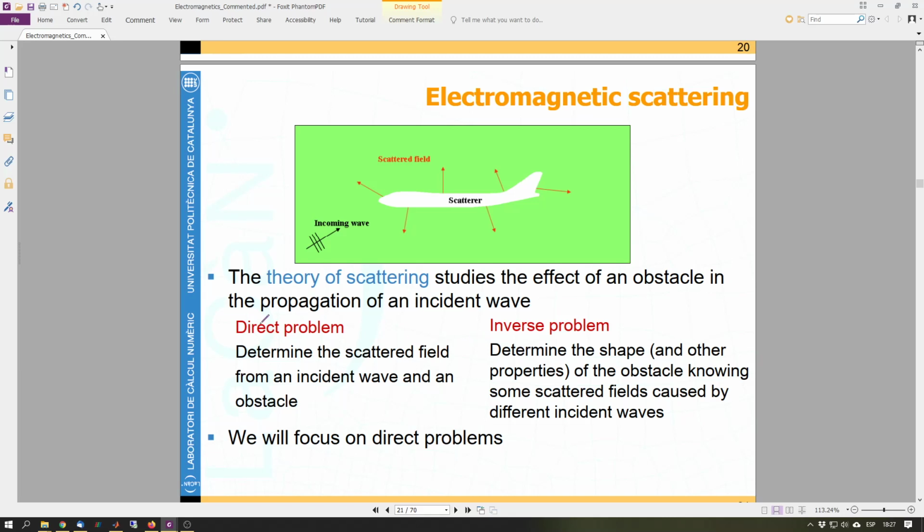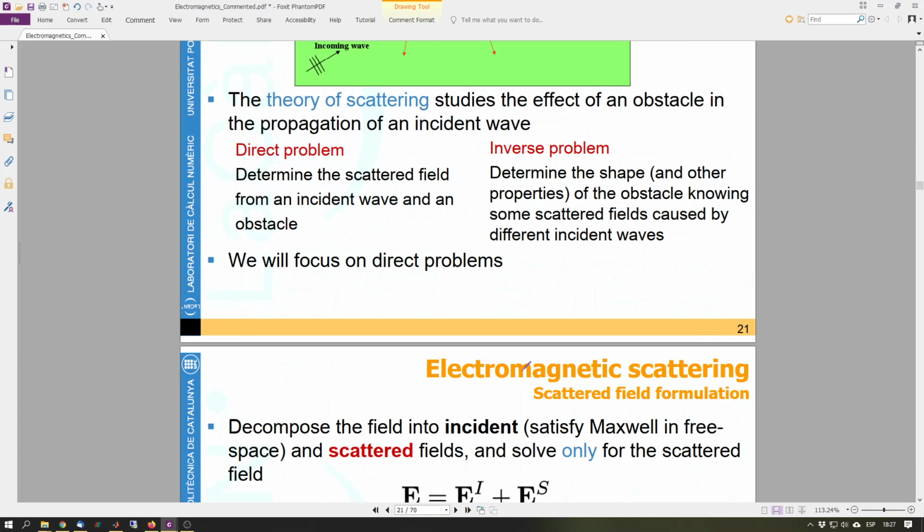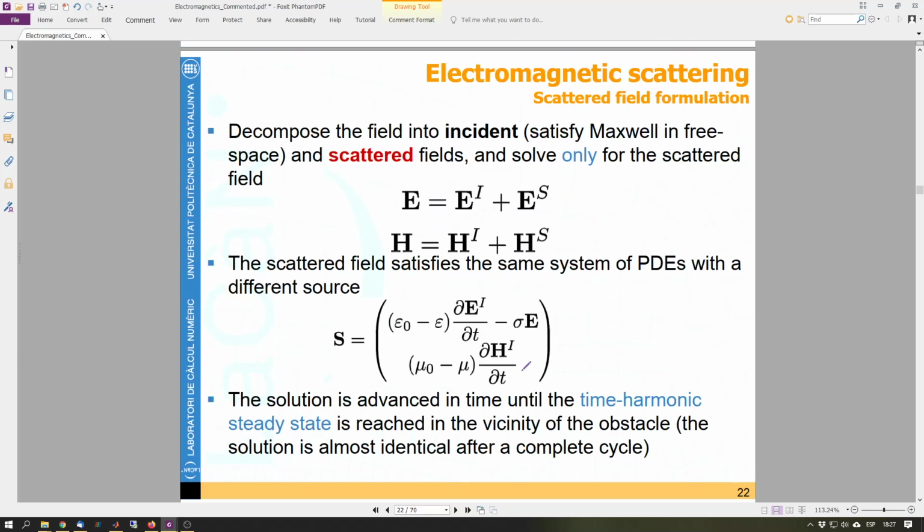So we'll deal with the direct problem, knowing that from those direct problems we may be able to solve the inverse problems. Right, how these problems are faced. So we split our electrical field into the incident wave that we have going to the object and the scattered field.